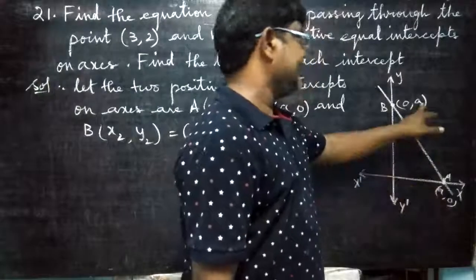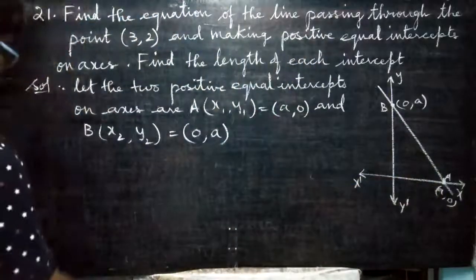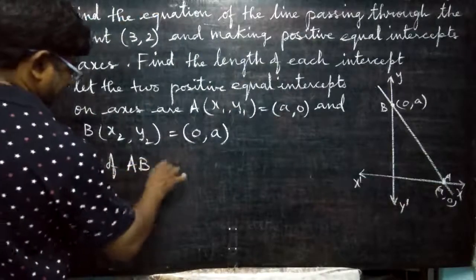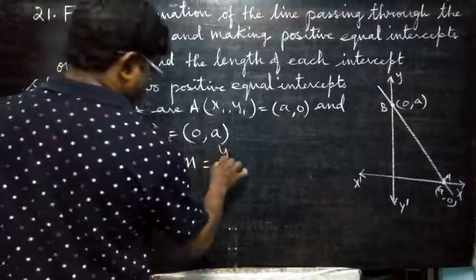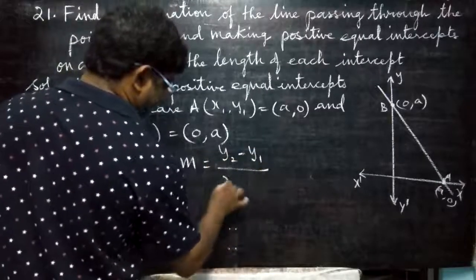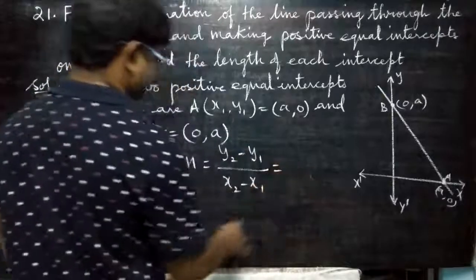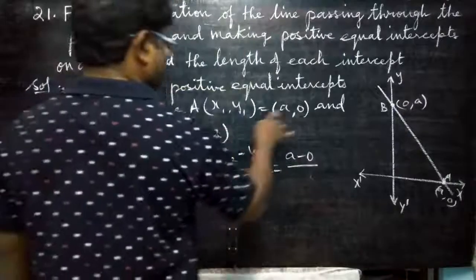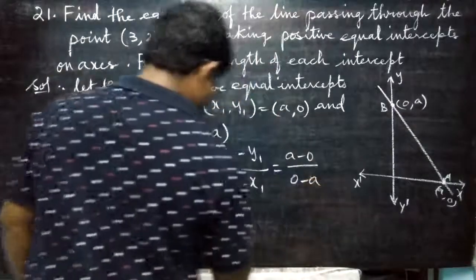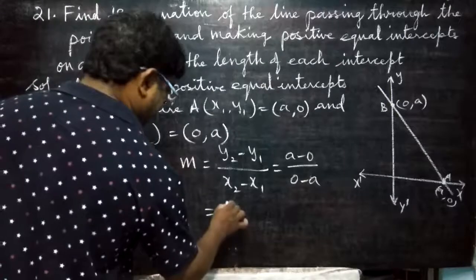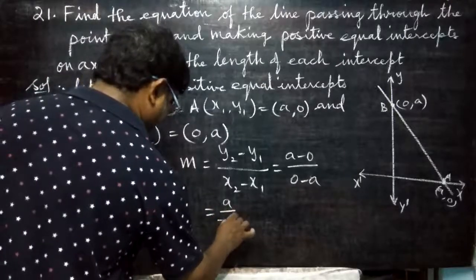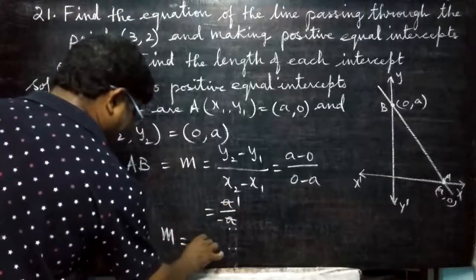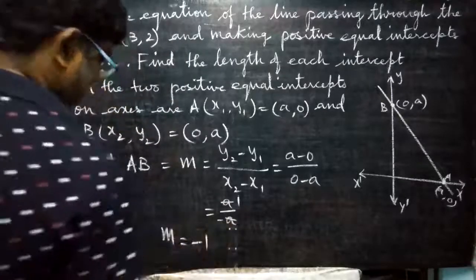B here, there, because equal distance. Now, slope of AB. That is m is equal to y2 minus y1 by x2 minus x1, a minus 0 by 0 minus a, that is equal to a by minus a. Goes how many times? One time. So m we got as minus 1. Slope we got.